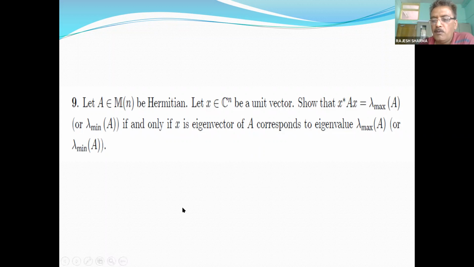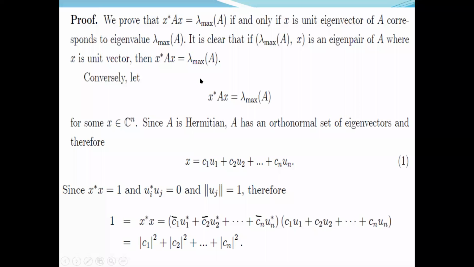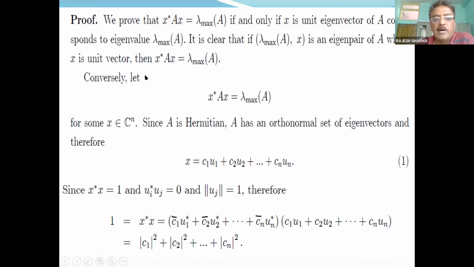Yes, anyone more? Yes, we prove the converse part. From one direction, it is simple. If we have x star ax is equal to lambda and ax is equal to lambda x, we put here, this is satisfied.